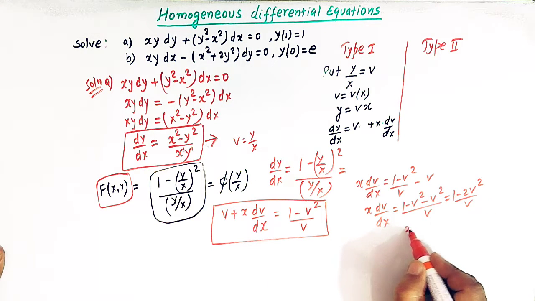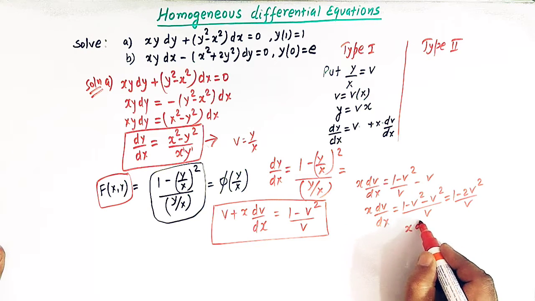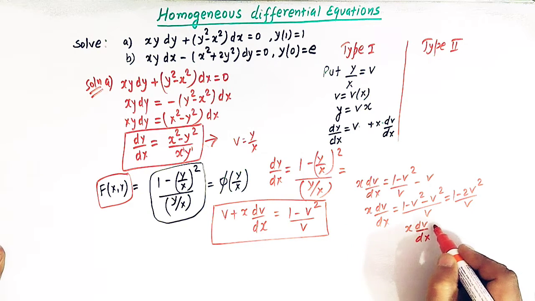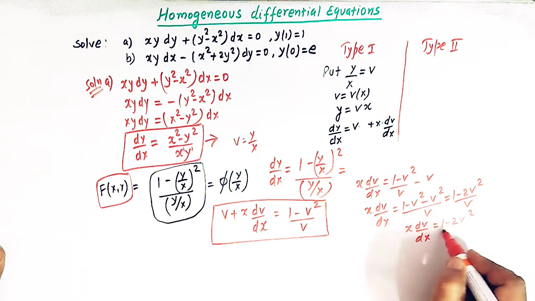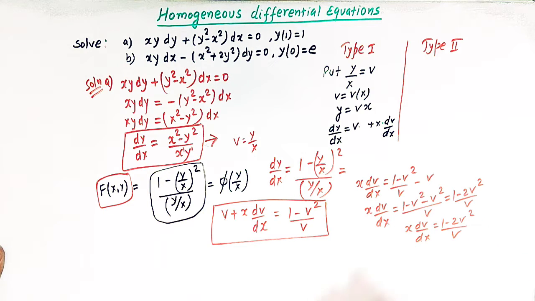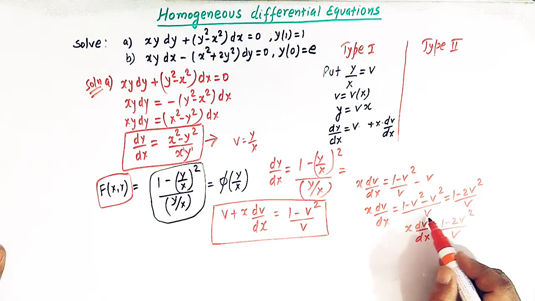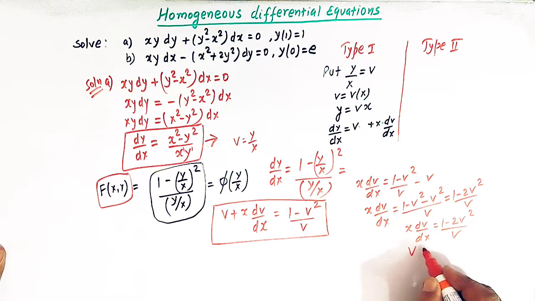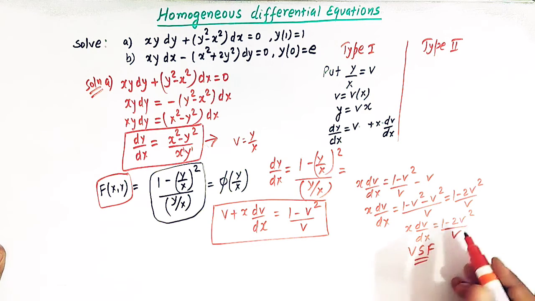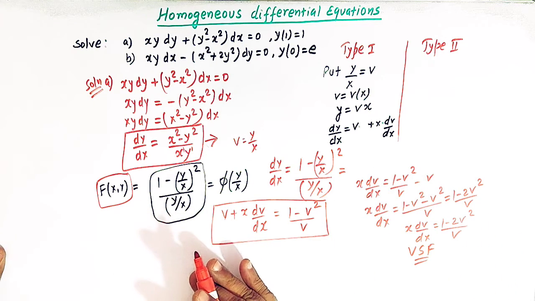So now we have an equation, x dv over dx is equal to 1 minus 2v square over v. Now here we have a variable separable form. So we can separate the variables, that is v on one side and x on another side.